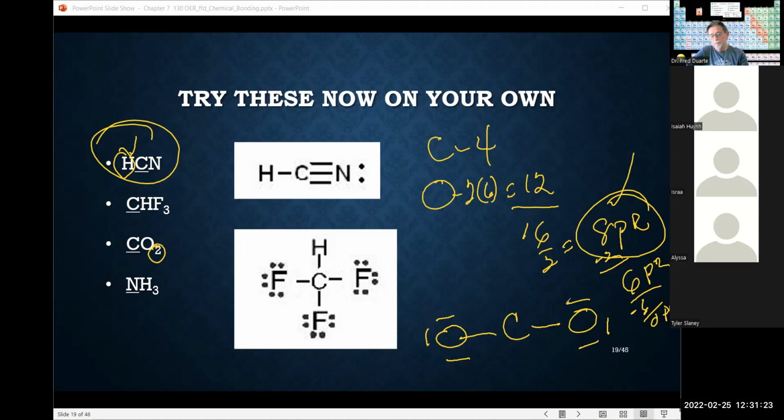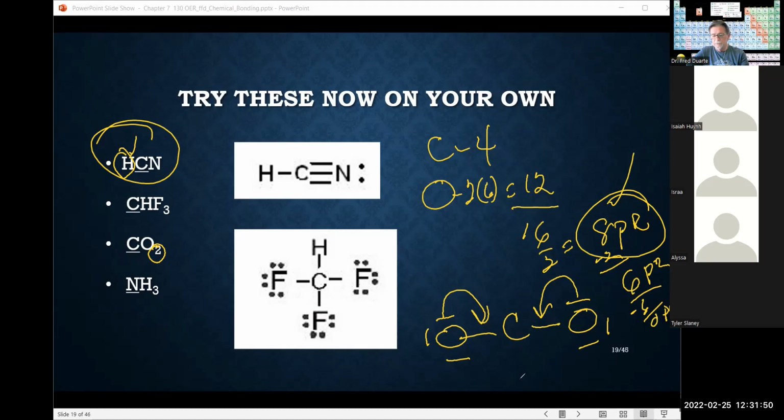We're going to take a pair from here and make a double bond, and then take a pair from here and make a double bond. Now you can take 2 pairs, but that's going to pose a bit of a problem. So when you have a situation like this where the central atom is shy of electrons, take 1 pair from each atom it's bonded to, and then see how that works out.